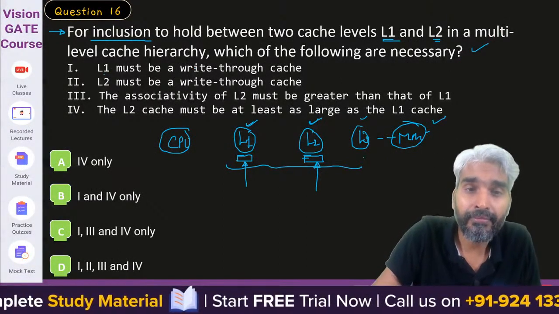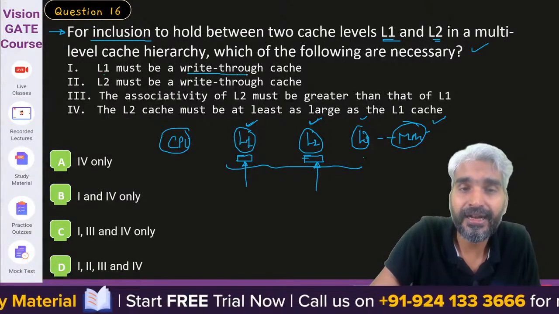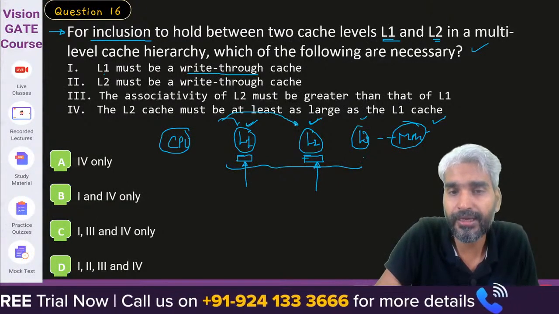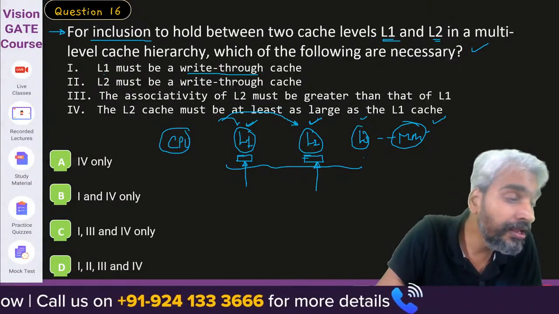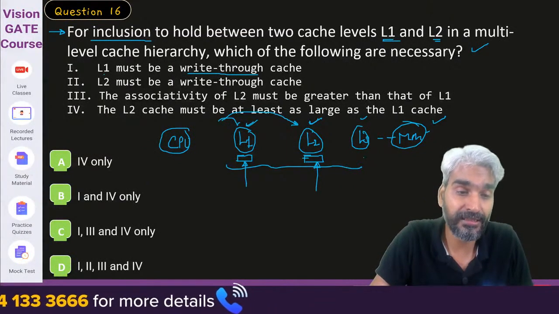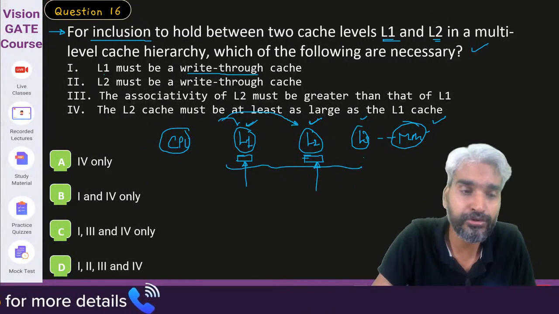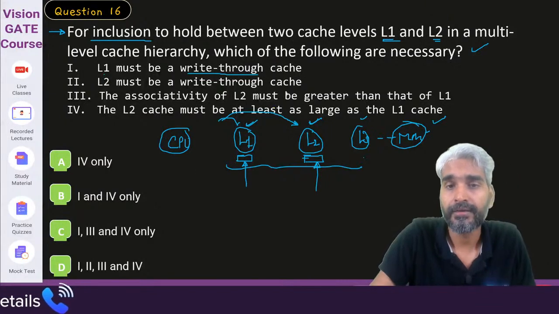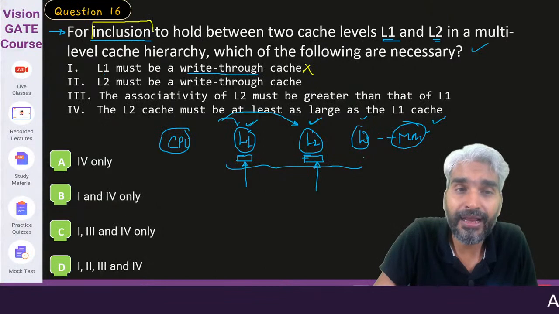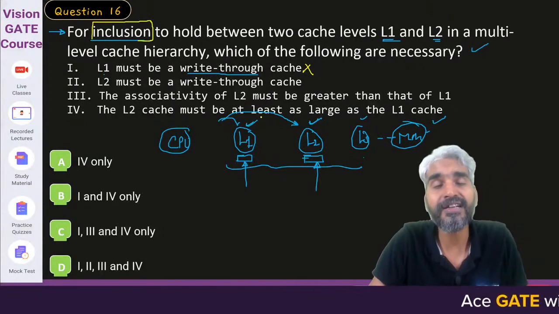That L1 must be a write-through cache. Write-through cache says that whenever we write into L1, we will also write into L2. No, that's a very big misconception. You will find this answer marked as correct in most places, but this is wrong. Inclusion does not tell you that the content of L1 should be a subset of the content of L2.